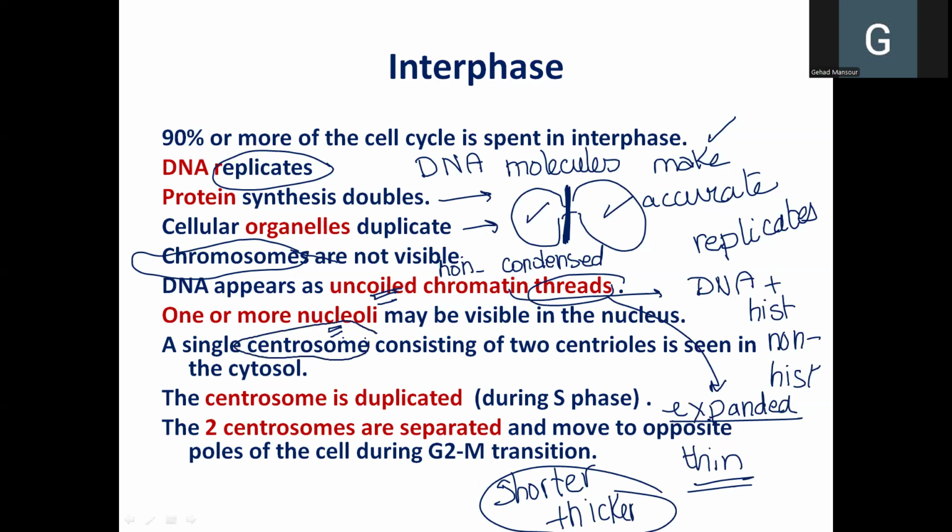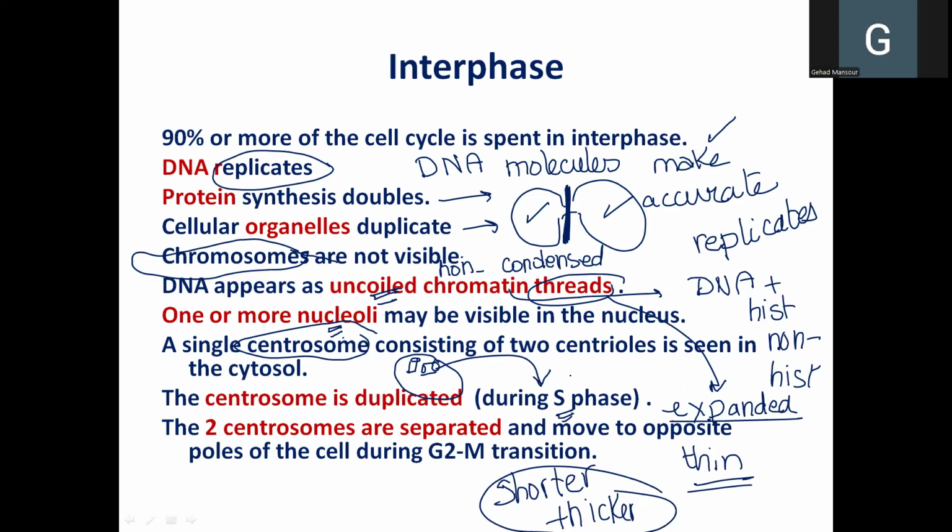The centrosome, if you remember, is present at one of the poles of the cell, as two cylindrical centrioles that are perpendicular to each other, and the centrosome starts duplication. When does the centrosome start duplication? During the S phase.